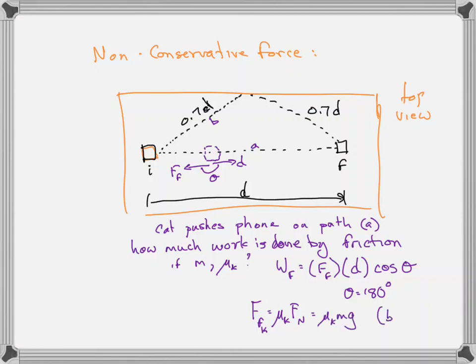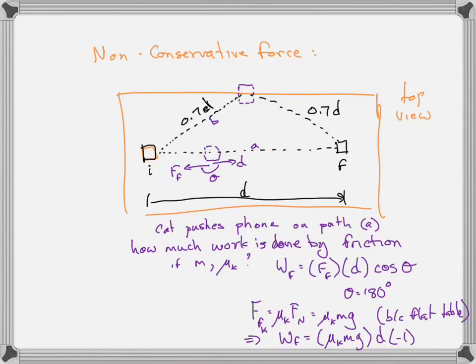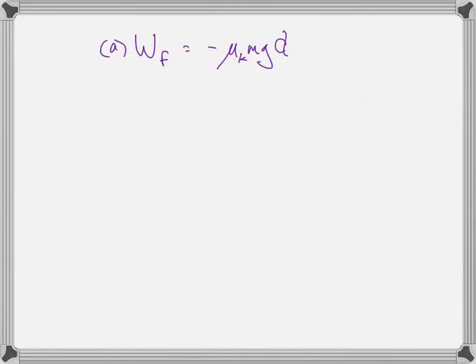If you don't know that, you can go back and use Newton's second law to figure it out. So the work done by the frictional force is mu k mg d times the cosine of 180 degrees, which is minus 1. So the work done by the frictional force along path A is minus mu k mg d.